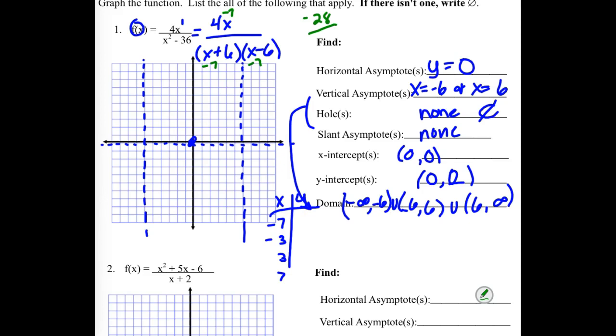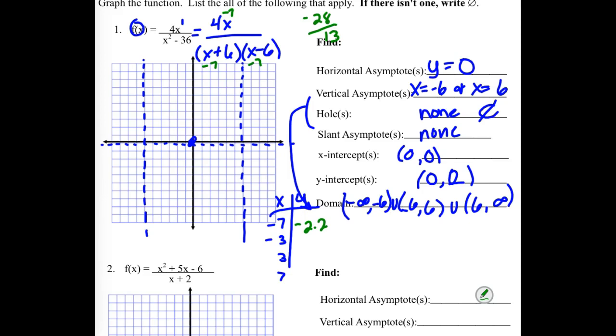And -1 times -13 would be +13. What would 28 divided by 14 be? 2. So we're around a 2? Yes? And it's a negative? So go ahead and take your calculators. What's 28 divided by 13? 2.2 roughly?